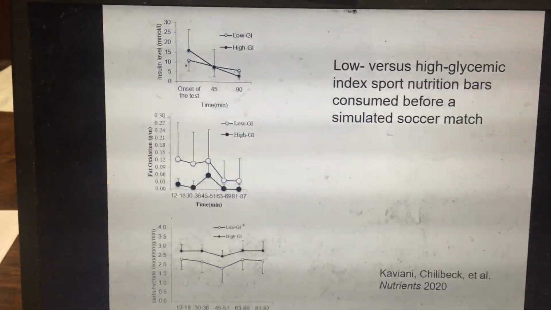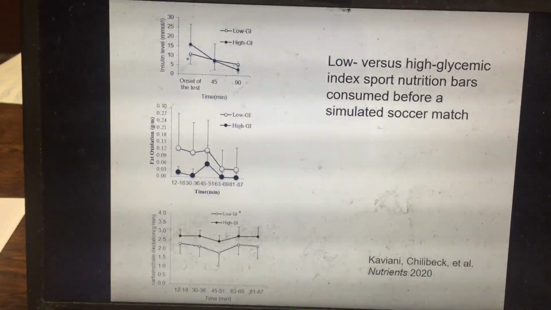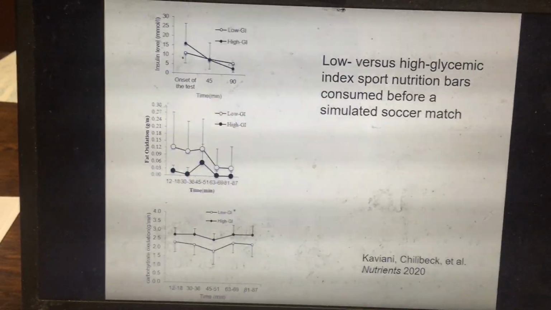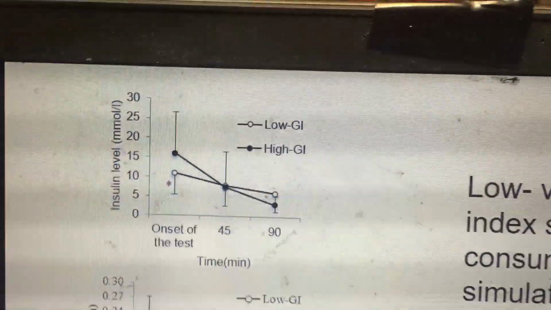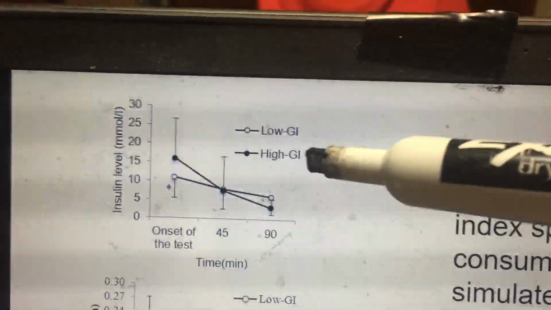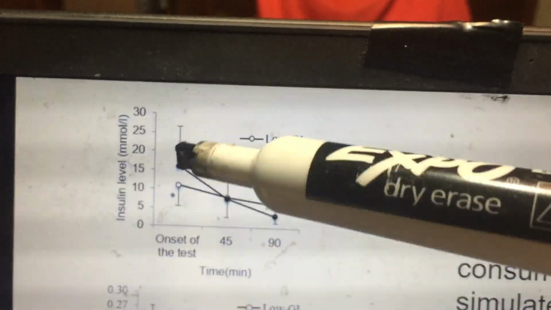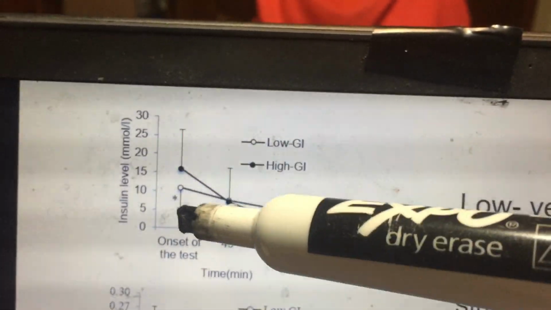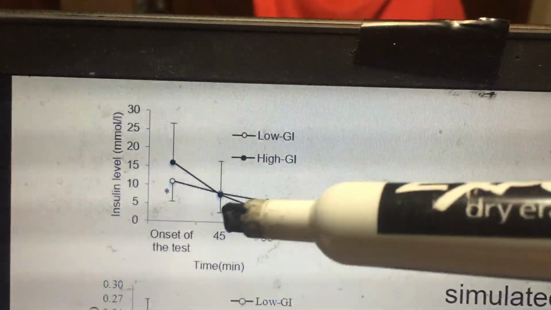These graphs show results of one of these studies. This is consumption of low versus high glycemic index sport nutrition bars before a simulated soccer match. Focusing on the top graph, you can see the low glycemic index and high glycemic index conditions. This is before the onset of the simulated match, and the simulated match lasted 90 minutes, just like a real soccer match.